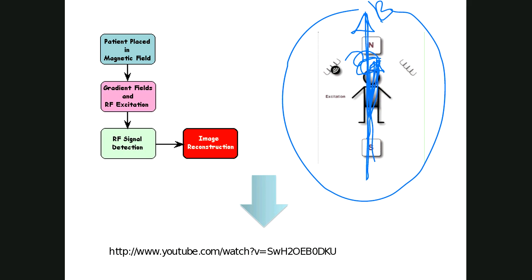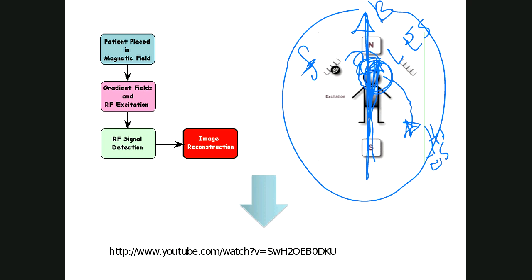When I apply a radio frequency at some energy, this nucleus will gain energy and flip away. Flip away means it goes from the low energy state to the high energy state.